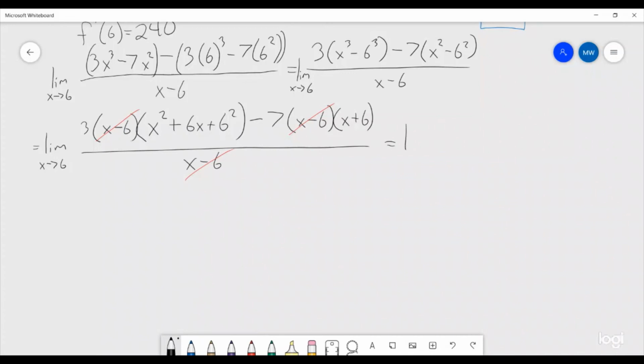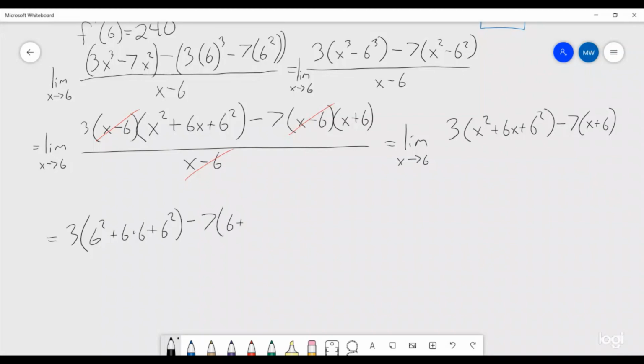So this is the limit as x goes to 6 of 3 times x squared plus 6x plus 6 squared, minus 7 times x plus 6. This is equal to 3 times 6 squared plus 6 times 6 plus 6 squared, minus 7 times 6 plus 6.